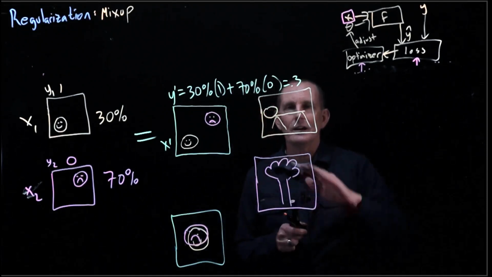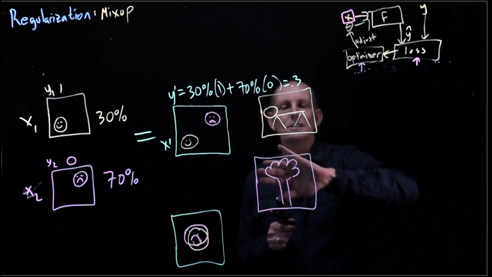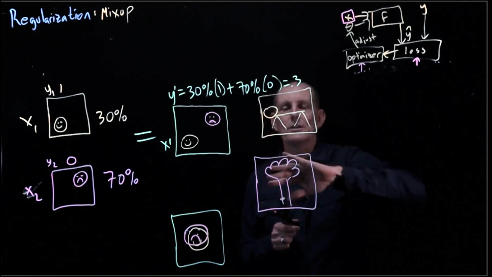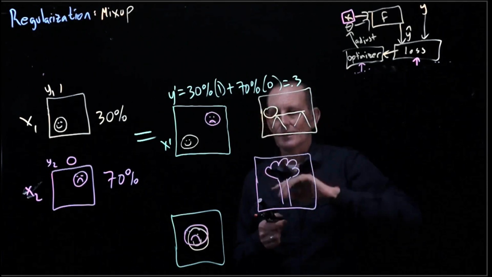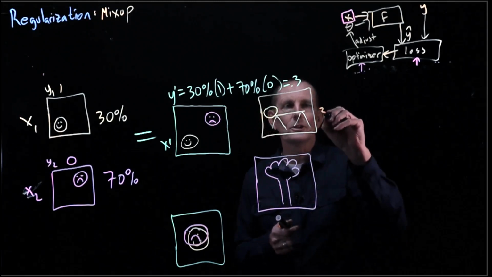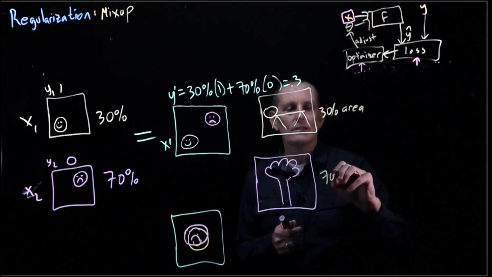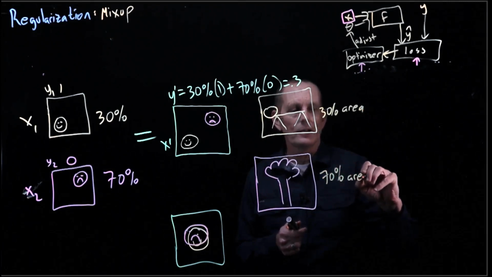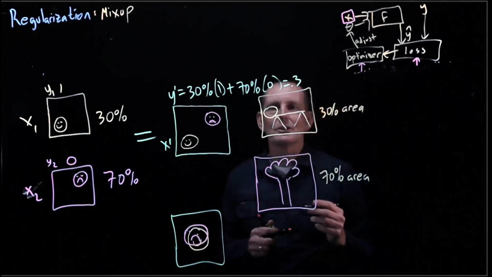And instead of taking all of this, but only 50% of the intensity, and all of this, but only 50% of the intensity, or 70 and 30, we're going to just take, again, let's say 30% of this and 70% of this, but instead of intensity, we're going to do area. So 30% area, 70% area.